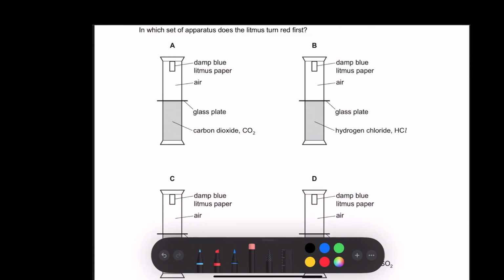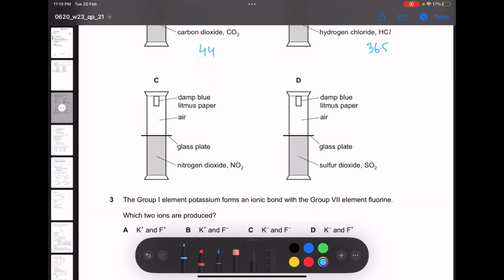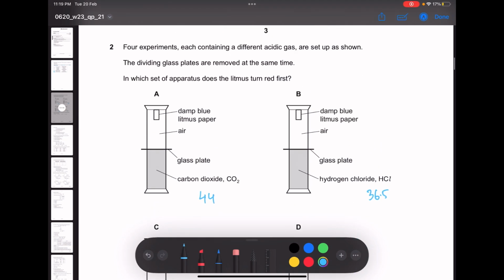So if we calculate the mass, for carbon dioxide it's 44, for HCl it's 36.5, for NO2 it is 46, and for sulfur dioxide, sulfur is 32 plus 32, this is 64. So we can see that the least molecular mass is of HCl, so it is going to be B, because the least molecular mass will travel the fastest.